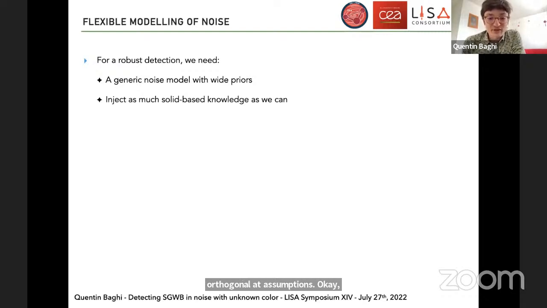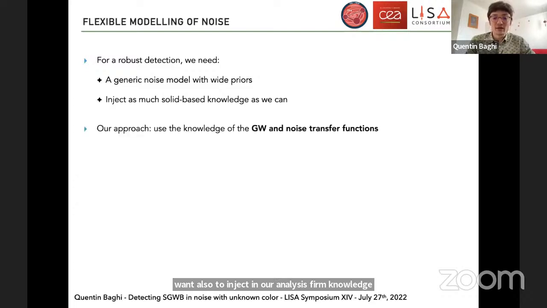Coming back to the modeling that we've come up with, so to do robust detection, we use a generic noise model with wide priors, and we also want to inject into our analysis firm knowledge about what we know the best. And what we know the best are the differences between how gravitational waves and noise enter the measurements.